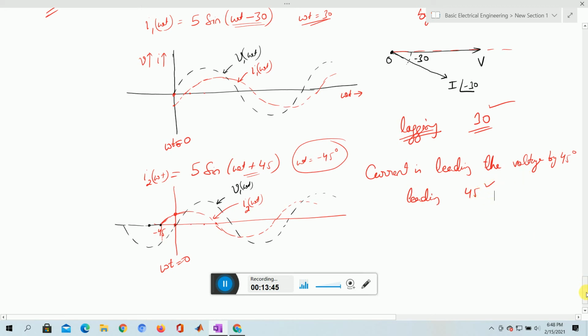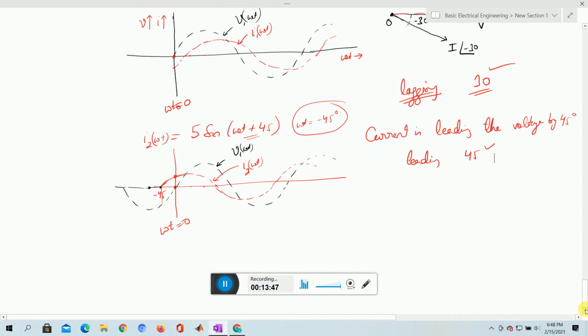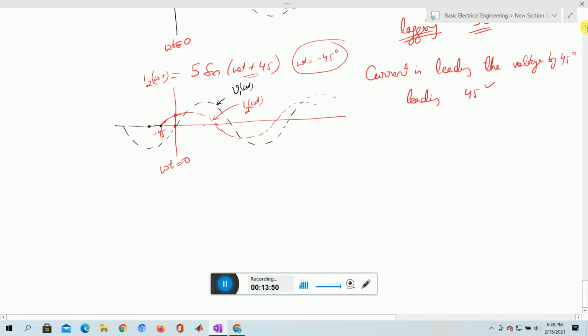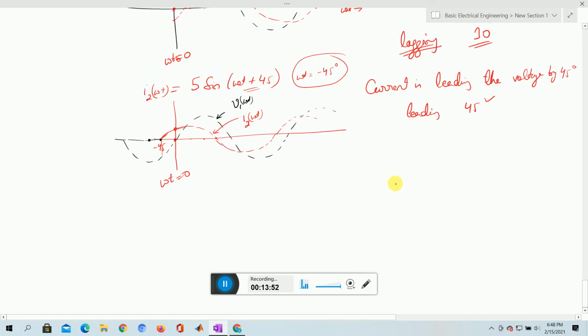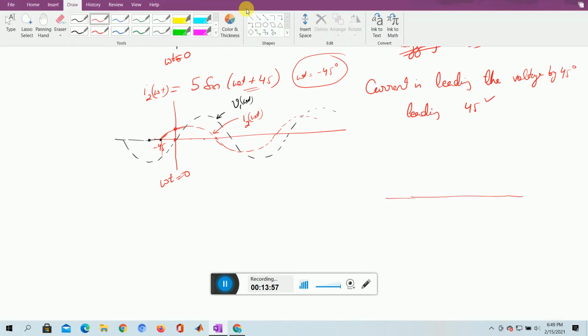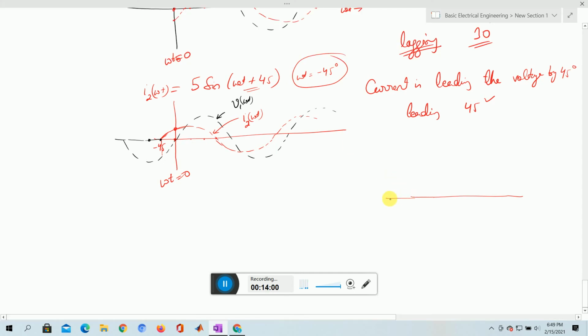The terms I am using: lag means behind, lead means ahead. If I draw the phasor diagram of it, again we have a reference line on the x-axis, with voltage V and the current at an angle. How do I write it? I can say V1 equals V angle 0 degrees and I2 equals I angle 45 degrees because it is leading.